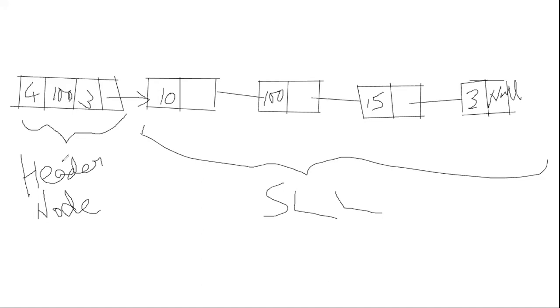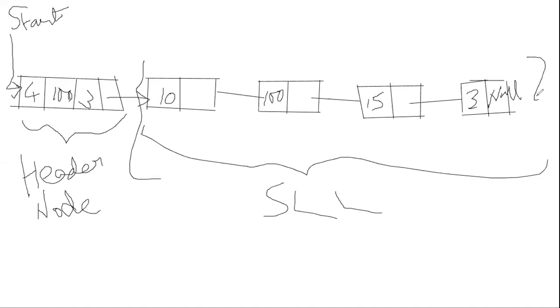So now this node is called the header node. So automatically my start or head will point to this one only, or what? My start or head will point to this one only. So the actual linked list nodes will start from where?